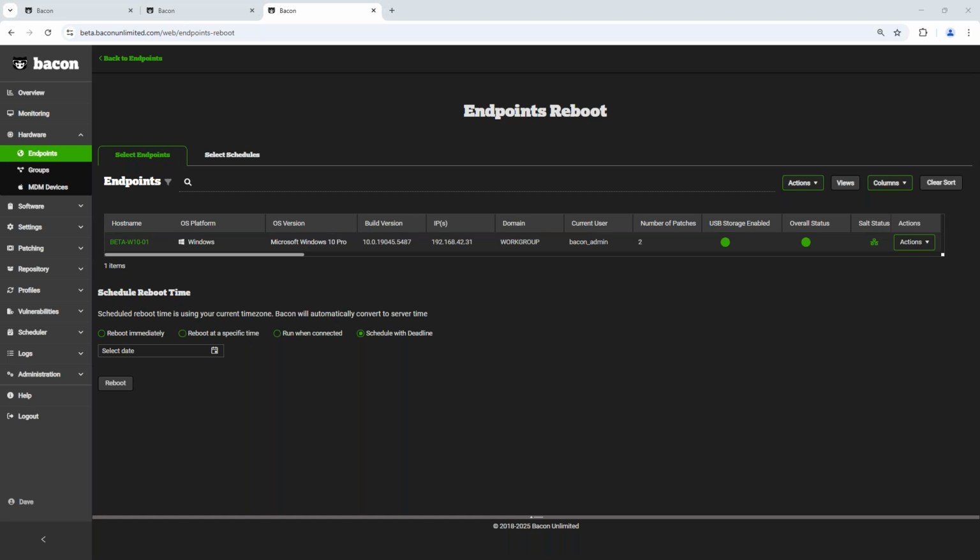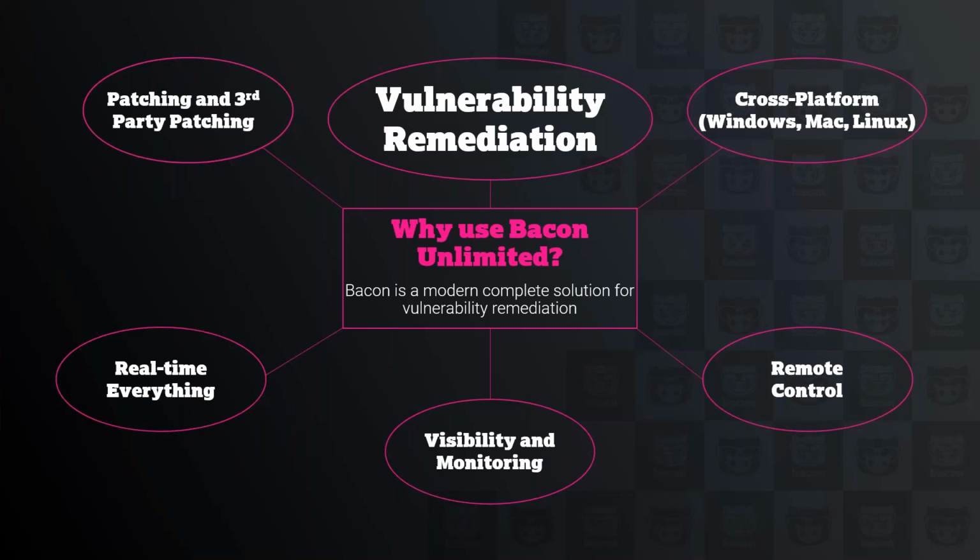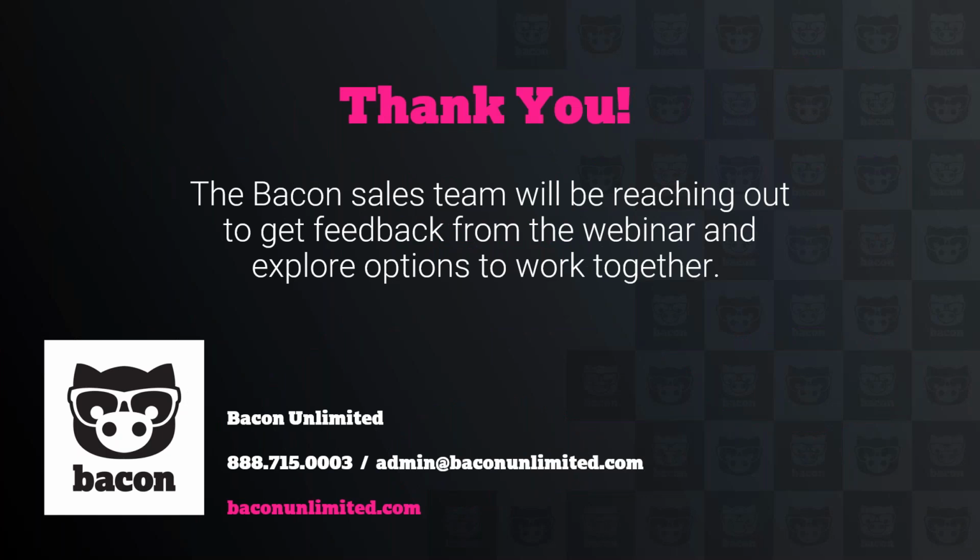Is now a good time?" And as long as he says yes, then I'll go ahead and jump in there. Well, it wouldn't prevent me from getting in before. Now we'll have the ability for you as a Bacon admin to turn on consent. If you turn it on, then nobody would be able to log into someone's screen without them actually clicking a consent button. So that's an exciting thing that's coming as well.